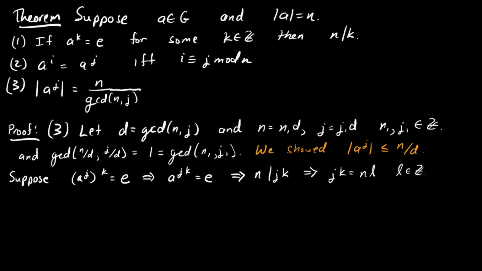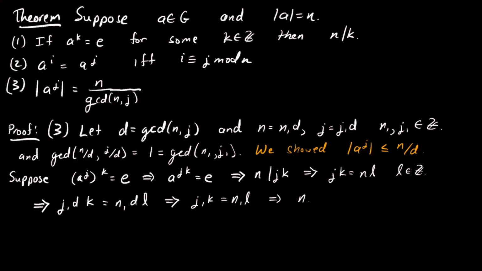Okay, so where does that get me? Well, I know that j can be written as j1d, so I get j1dk, and n can be written as n1d, so I get n1dl. But if I cancel out the d's, remember d is the GCD, so it's non-zero, this is going to give me j1k is equal to n1l.